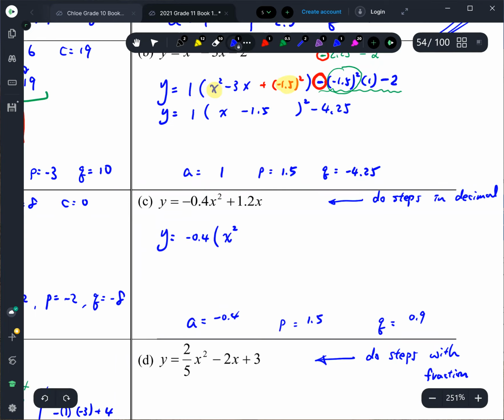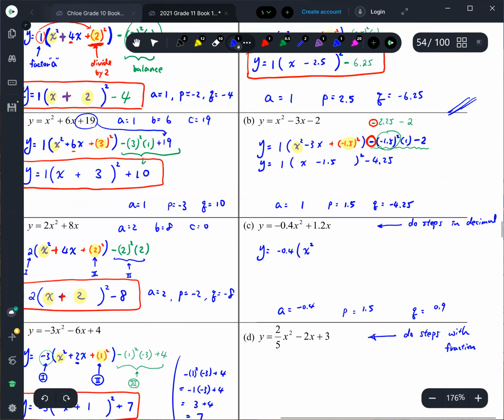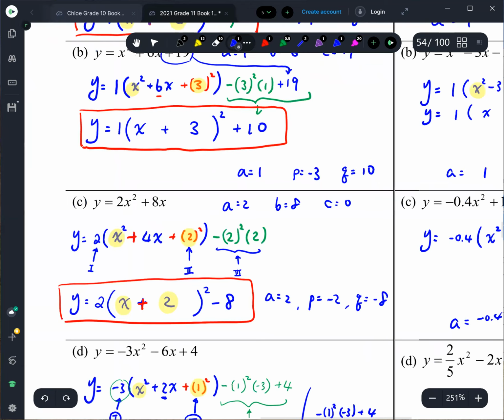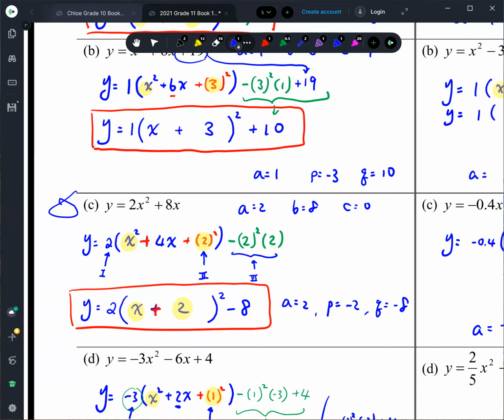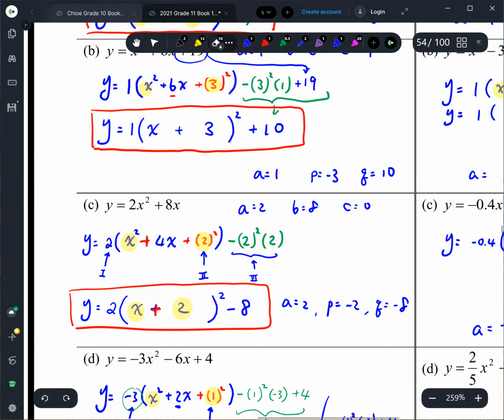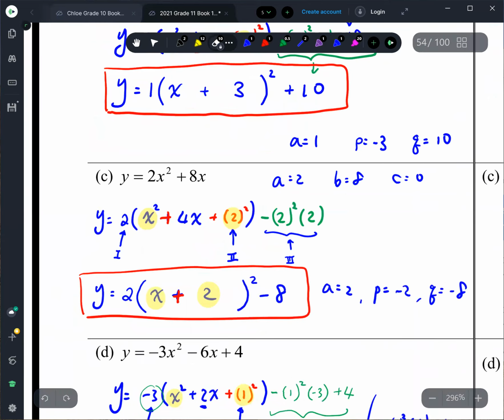Okay, if you look at the left side, let's look at the left question. What's the A that we factor out? Instead of 8x, you put 4x plus 2 squared. We took out the 2, right? Yeah, you took out the 2, but then you put it outside of the bracket. That's right.